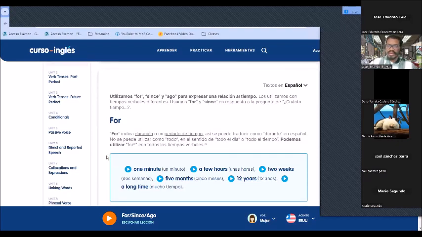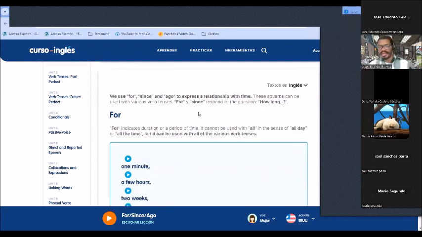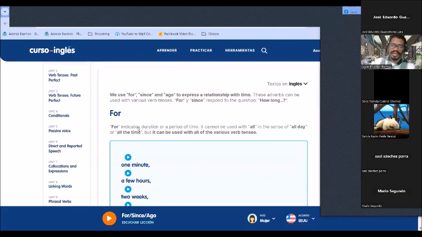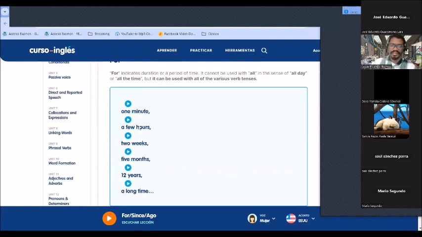When we talk about the period of time in general, we can use for, right? So let me switch over to give you guys some chances to read and for us to look at some examples. Dana, I believe you were the first one in today. So let's start with for, Dana. For indicates during or a period of time.